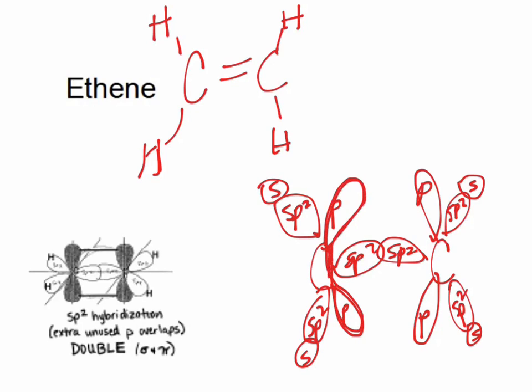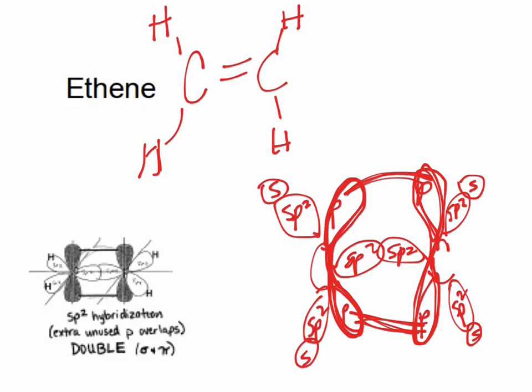That's one of the p orbitals, and then you have one p orbital from the other C. And what happens is these have that overlap, no rotation. And that is your pi bond.